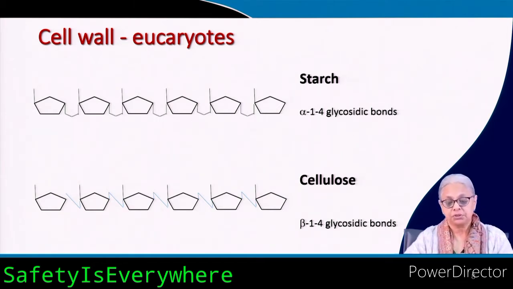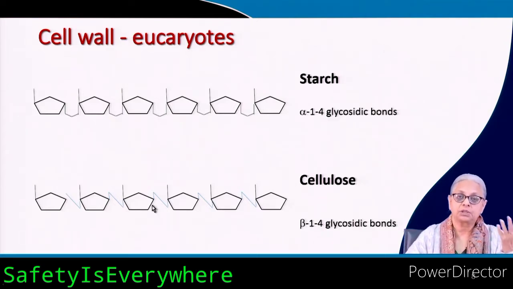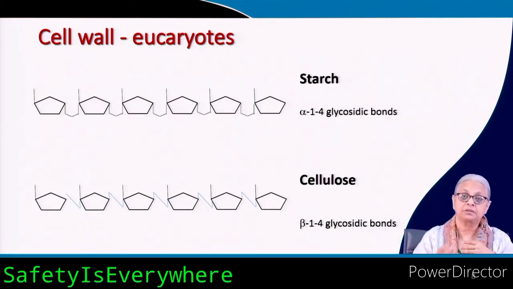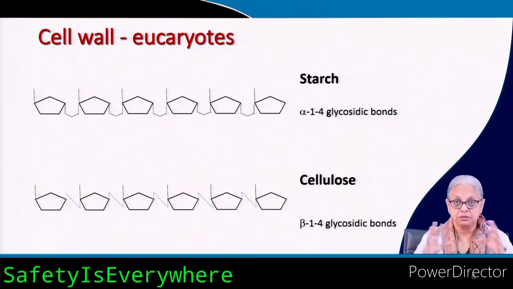I've already shown you the structure of starch and cellulose, and when we talk about cellulose, remember what I said in a previous lecture. I said that plant cells, and especially the plant structure, is made out of lignocellulosic compounds. So the actual rigidity of the plant, its ability to stand erect and maximize harvesting of sunlight and converting it to chemical energy, is based on the rigidity imparted by lignocellulosic structures within the cell wall.